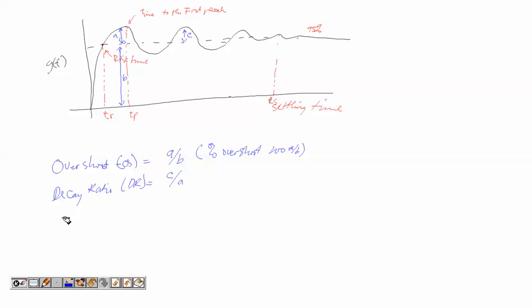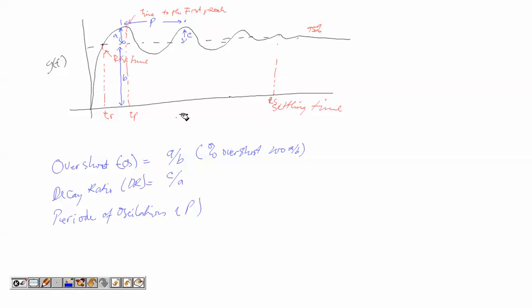And then P, the period of oscillation. The period of oscillation is the time from the first peak to the second peak, the time between two peaks.